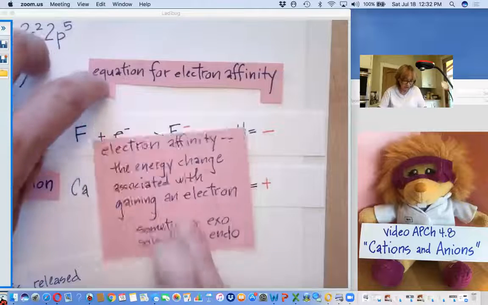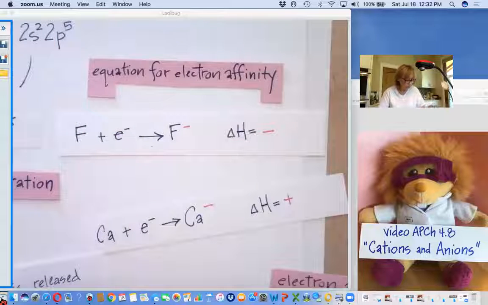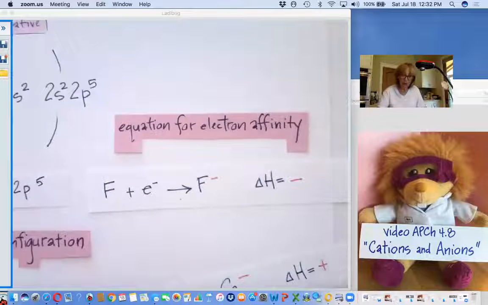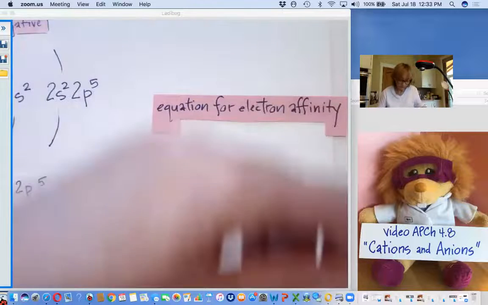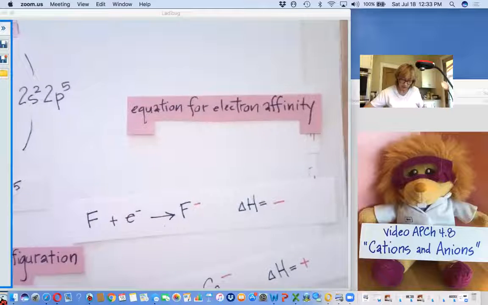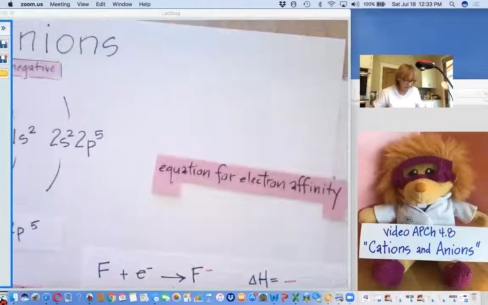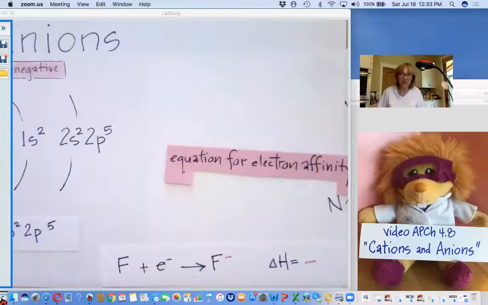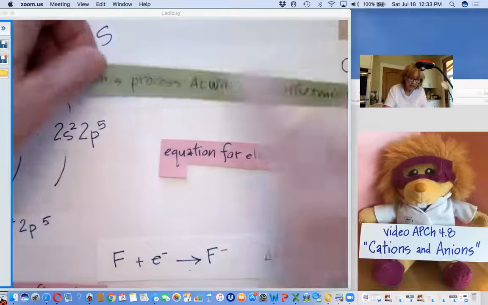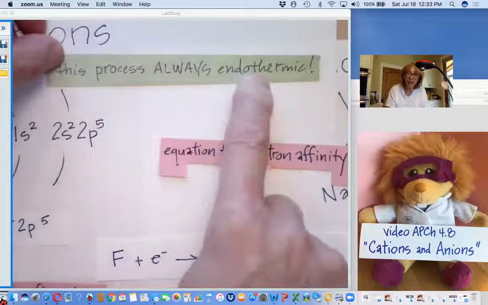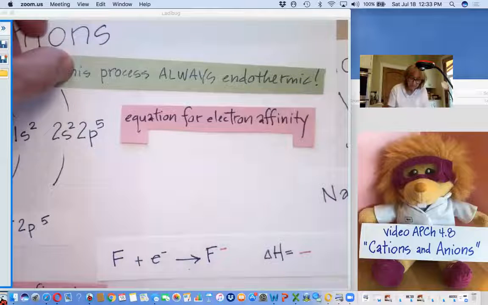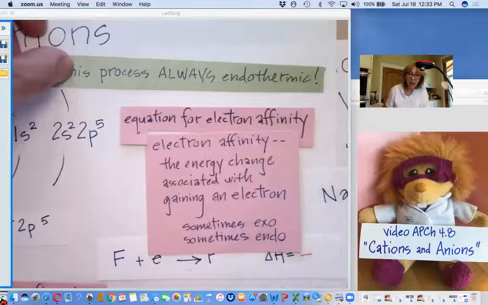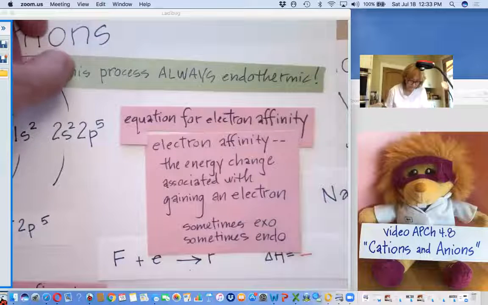All right, so to sum up, you should be able to write equations for electron affinities and also for ionization energies. Remember that ionization energy is always an endothermic process, but electron affinity is sometimes exo, sometimes endo.